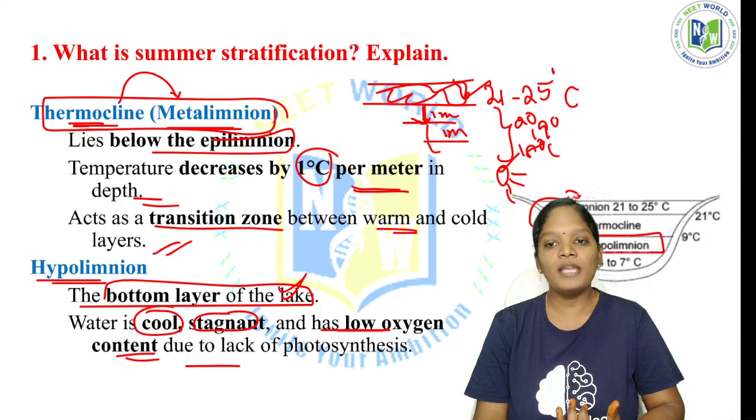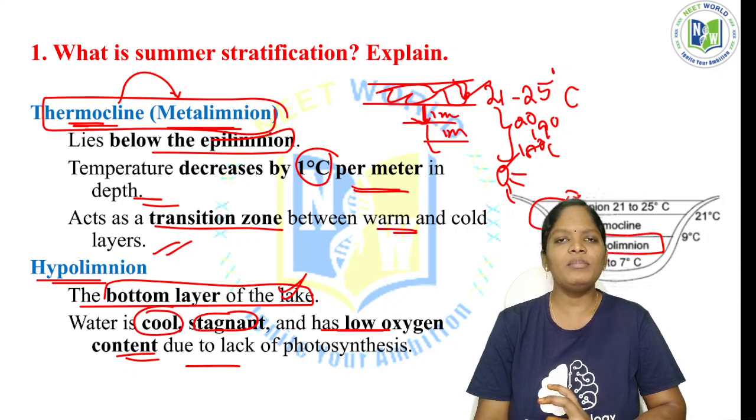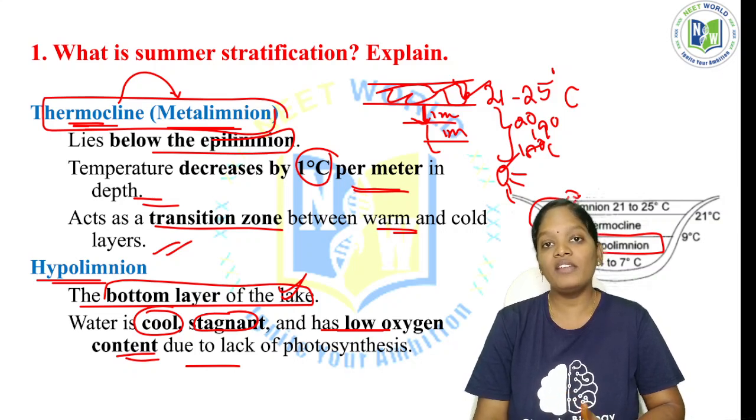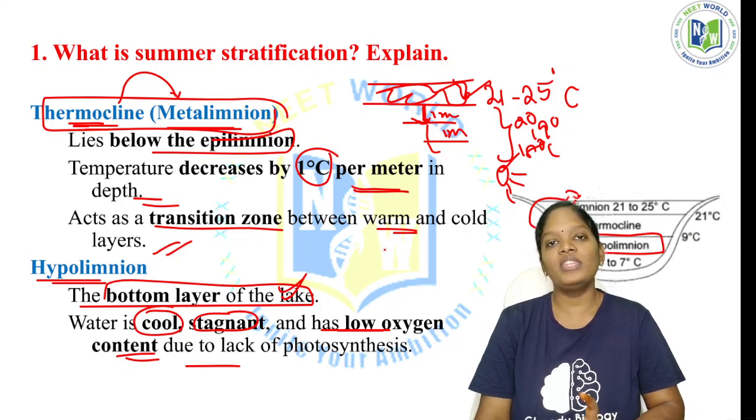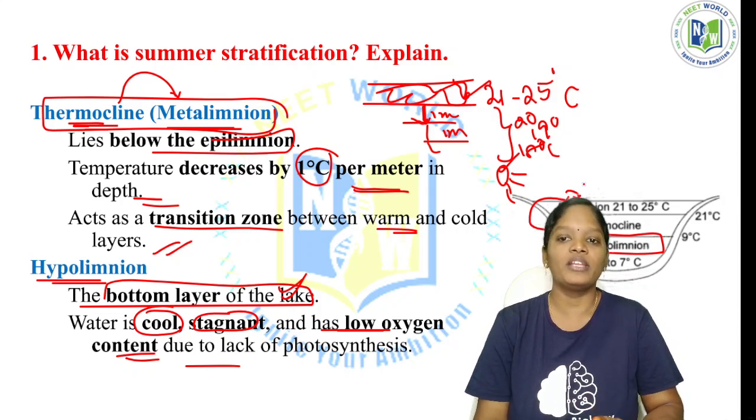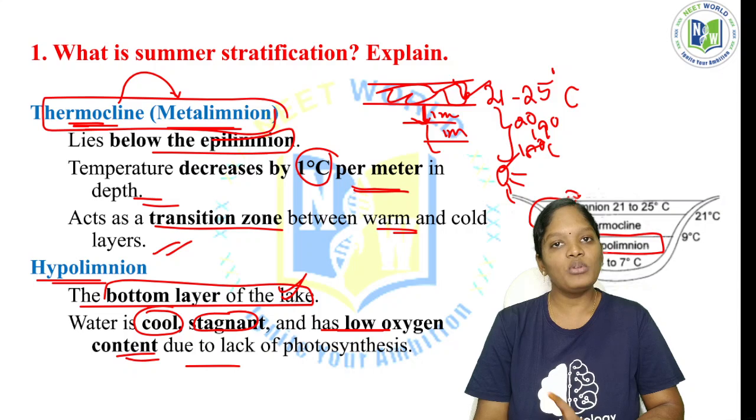With respect to the hypolimnion, there will be no sunlight, so there will be no oxygen. Why will there be no oxygen content? As a result of photosynthesis done by plants or other organisms, water as well as oxygen is released as a byproduct, and that oxygen will be used by other organisms in the top layer. So as there is no sunlight, there is no photosynthesis.